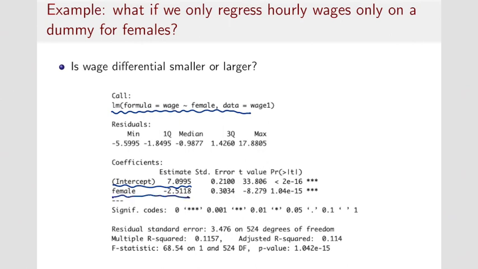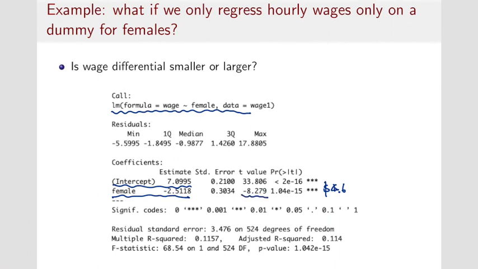The coefficient on the female dummy is the difference in the average wage between women and men. Therefore, the average wage for women in the sample is 7.1 minus 2.51 equal to 4.6. Therefore, the hourly wage for women is $4.6 per hour.